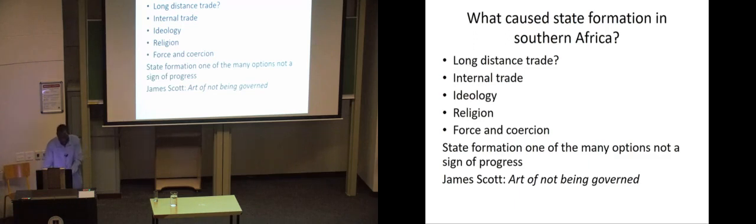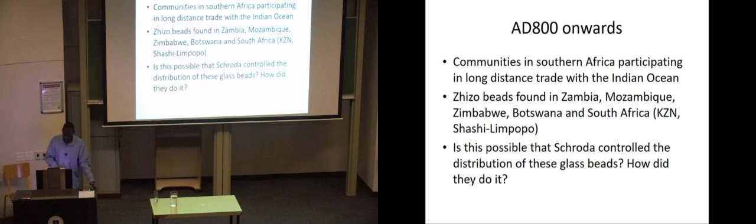So there are also some areas in Southern Africa that perhaps may not have had any states. So we should also not assume that everyone wants to be in a state and everywhere we go there were states. Maybe there were also some people that made a conscious decision to be stateless, as it were.